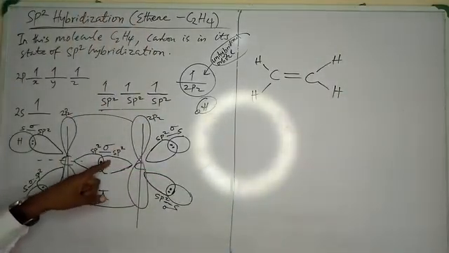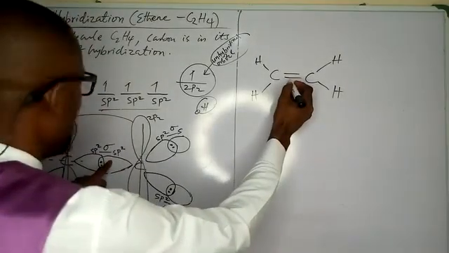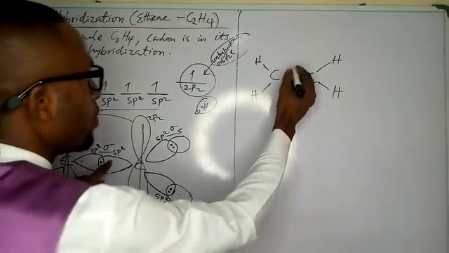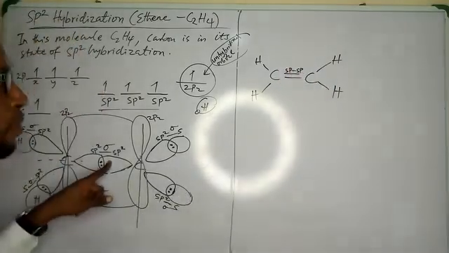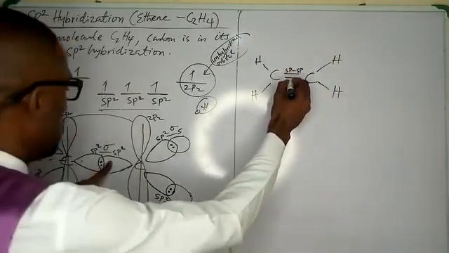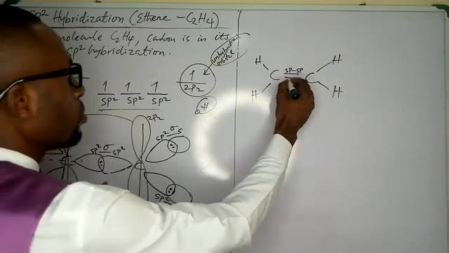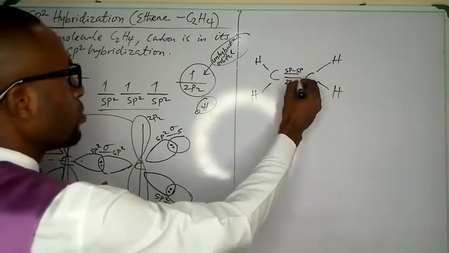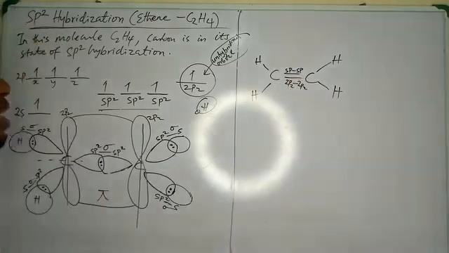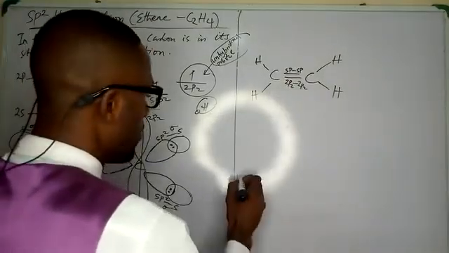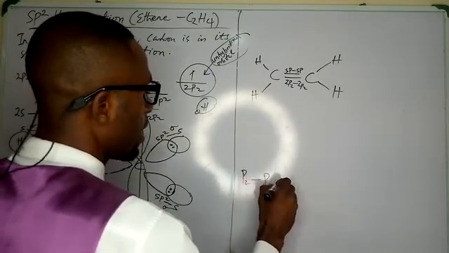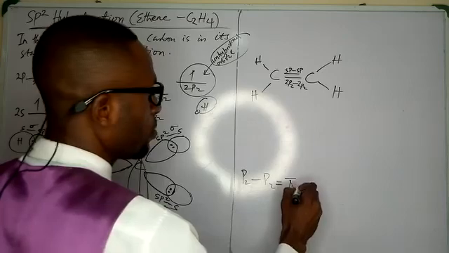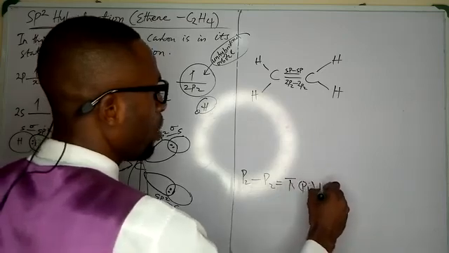This first bond, the one above, is from the sp2 to sp2 overlap, and this second bond below is from 2pz to 2pz overlap. That is what you have, okay? So whenever a p orbital interacts with a p orbital, you're going to have what we call a pi bond.